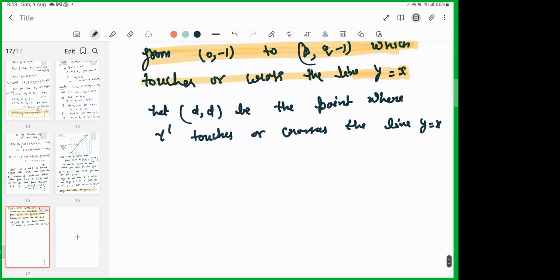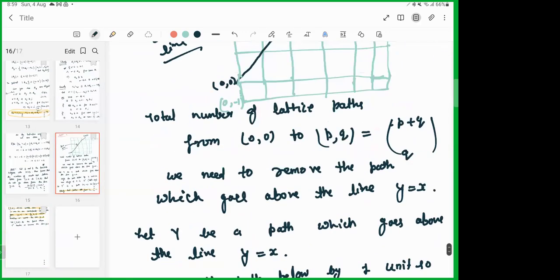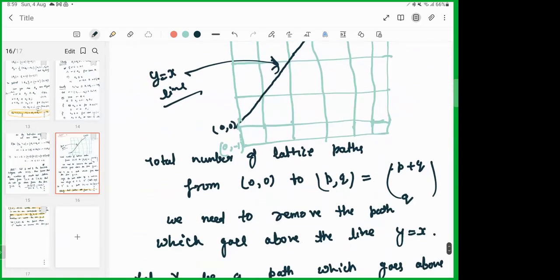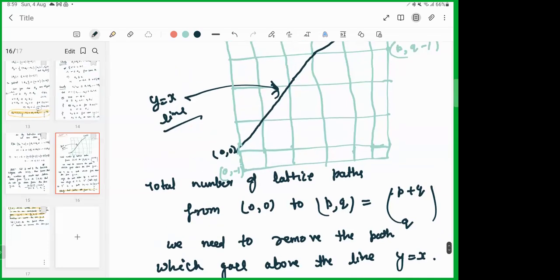Okay, so then I'm creating some new path. How will I do that? This is 0, -1. Now, let's suppose somewhere is the point d, d.